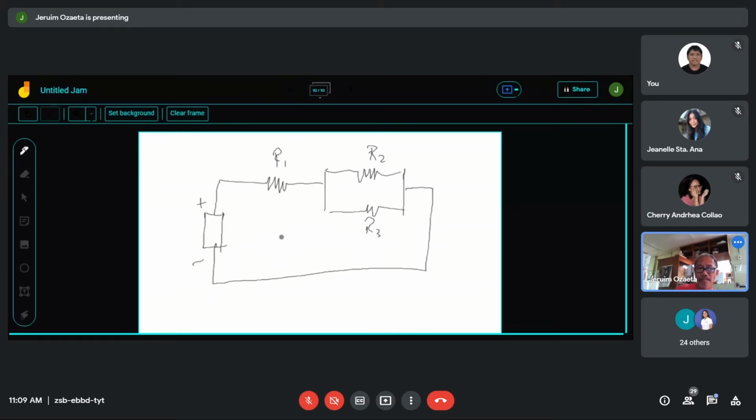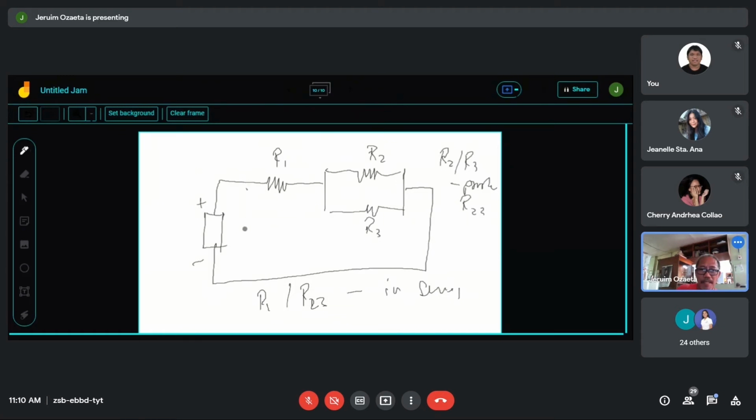You note now that R2 and R3 are in parallel. So R1 is in series. Let's call this R2,3, which is now in series with R1.